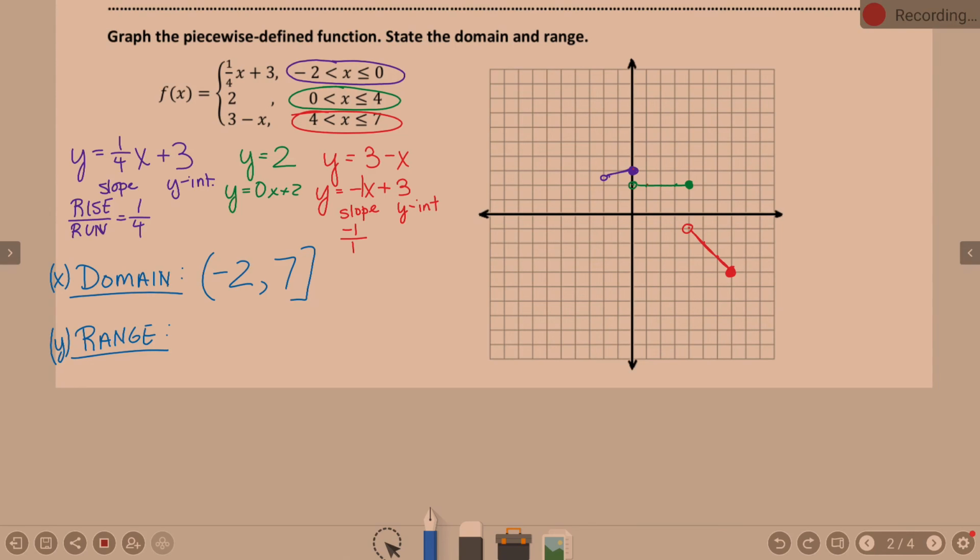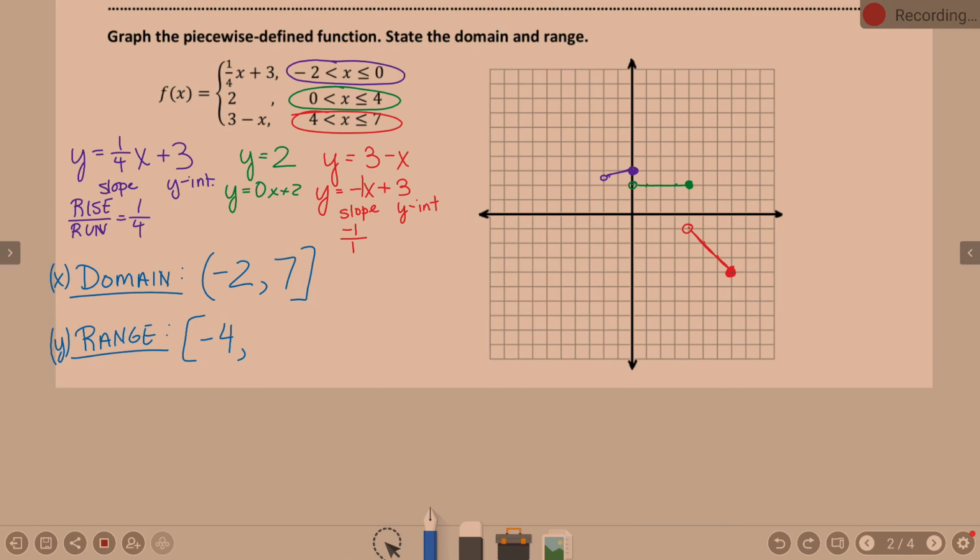Range. How low is my lowest y value? My lowest y value is right here. -4. 1, 2, 3, 4 now. Bracket or parenthesis? Bracket. It is a filled in dot.